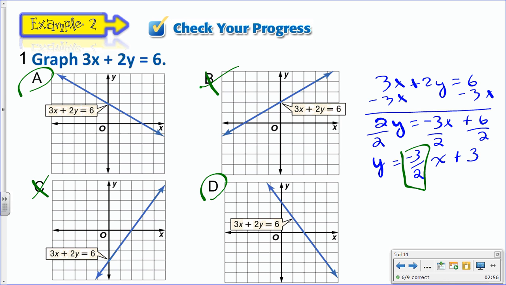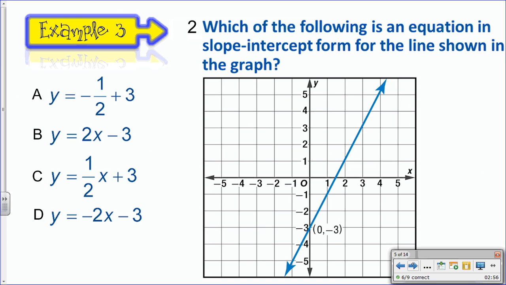What do I need to look at next? Is that y-intercept positive 3? Yes. So what's your answer here? Okay, do that one.